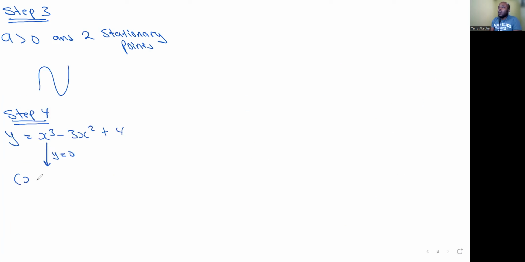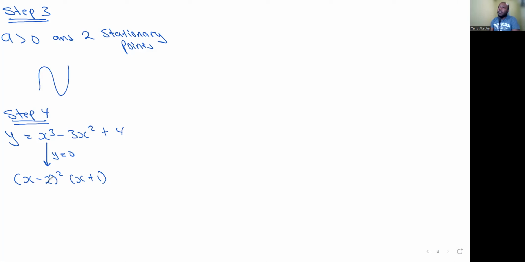What I can advise is that you use the factorization method we've talked about, play around with it, and see if you get exactly the same thing. Take the x cubed minus 3x squared plus 4, try to factorize it on your own, follow all the steps I explained, then see if you get x minus 2 squared times x plus 1.